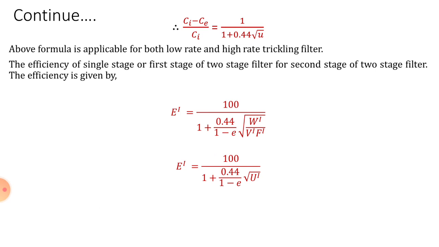The efficiency of single stage or the first stage of two-stage filter, for the second stage of two-stage filter, the efficiency will be given as E dash is equal to 100 divided by 1 plus 0.44 divided by 1 minus E, under square root W dash divided by V dash into F dash.